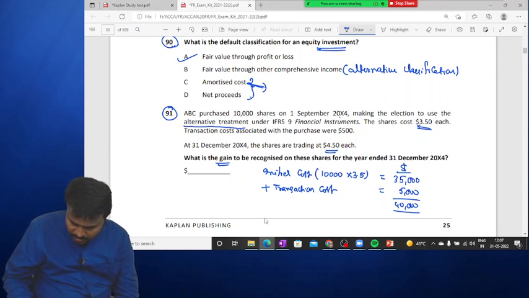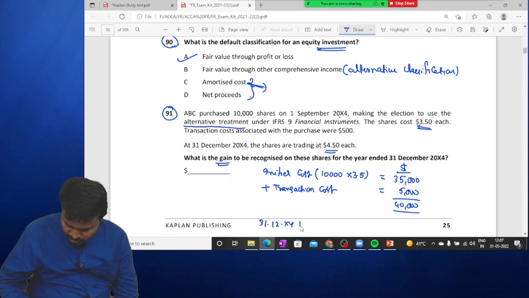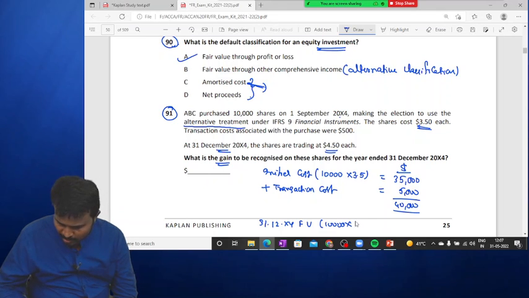Then on 31st December 20X4, fair value of the shares: 10,000 into what is the fair value on 31st December 20X4? 4.5, right?